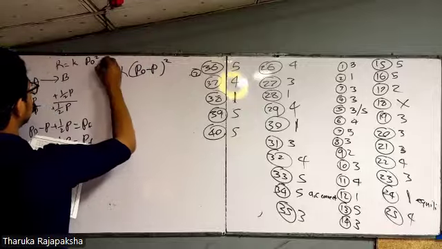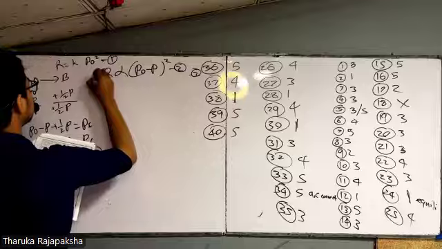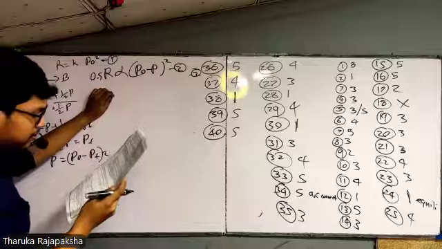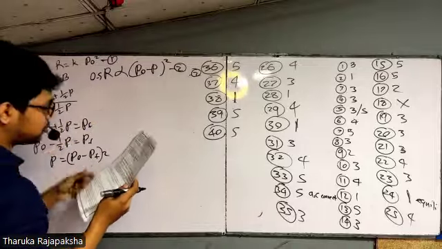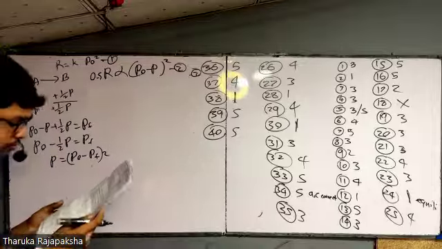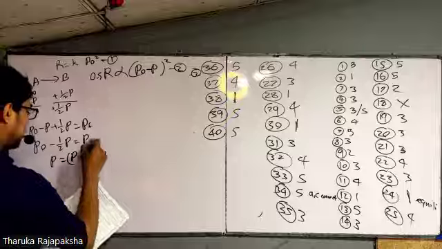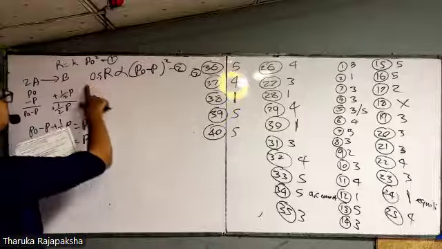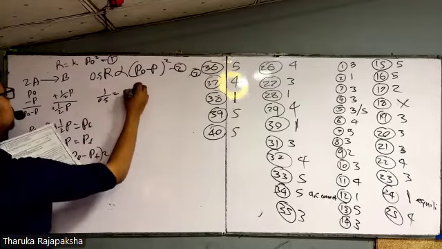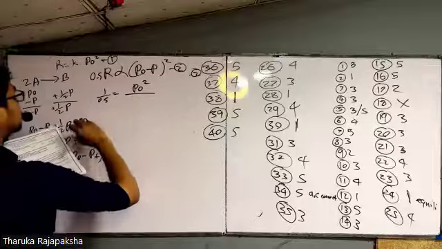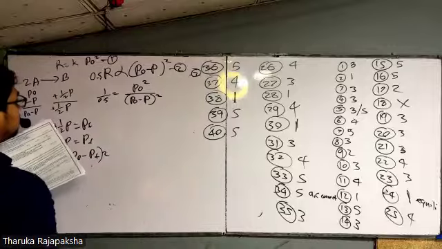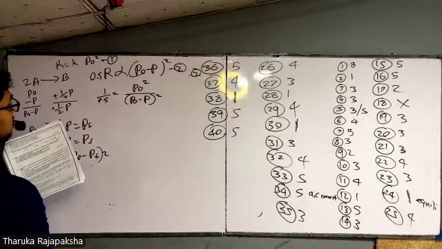So this is 1, this is 2. 0.5 R, 50% of the initial amount, is 0.5 R. So 1 divided by 2, which is 1 over 0.5, is equal to P naught squared over P naught minus P squared.